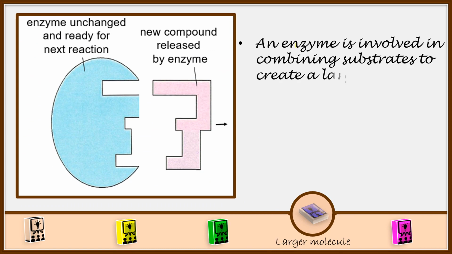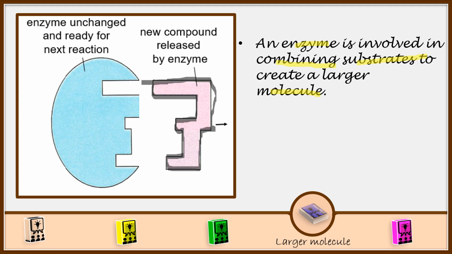So an enzyme is involved in combining substrates to create a larger molecule. Here you can see we have created a larger molecule. The enzyme's work was to help speed up this chemical reaction so that these two substrates can combine very fast.